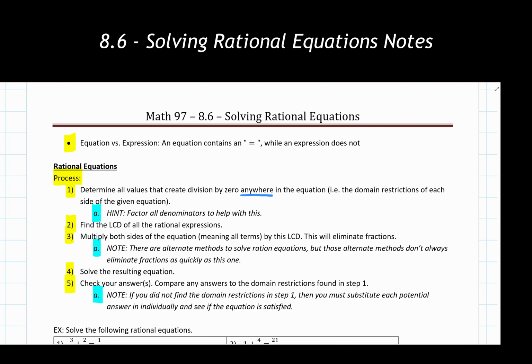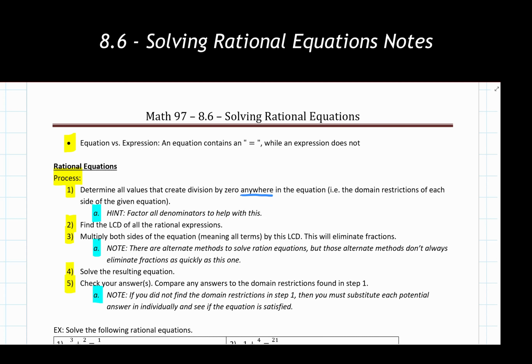Now my recommendation and hint for this is to fully factor all the denominators that have been given to us, and then set each denominator equal to 0. That's going to be where you're going to find any x values, or t values, or whatever it might be with that variable. But that's going to give you those domain restrictions.